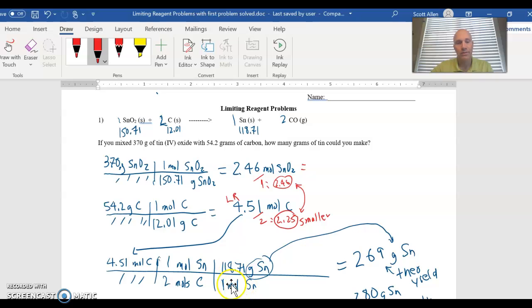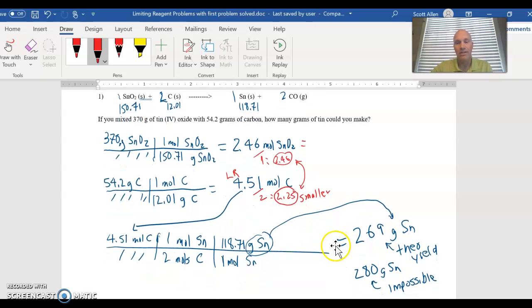And then to convert moles of tin into grams of tin, we use this last relationship right here. That would give us the theoretical yield, and again, that is the maximum amount of tin that you could make from this reaction. Generally when you do a reaction, you get less than the theoretical yield.